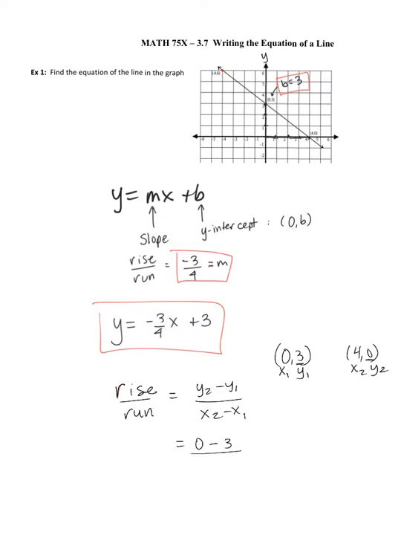In the denominator, I'm going to have the x2 value, which is 4, minus the x1 value, which is 0. Simplifying the numerator, you would get -3. 4 minus 0 is 4. So that's the other way of figuring out your slope. Again, we use m when we're talking about slope.